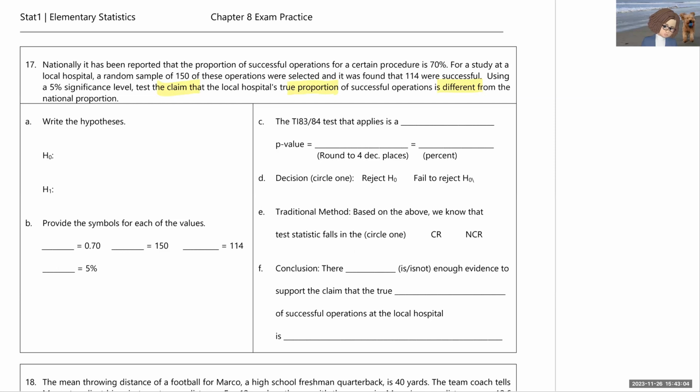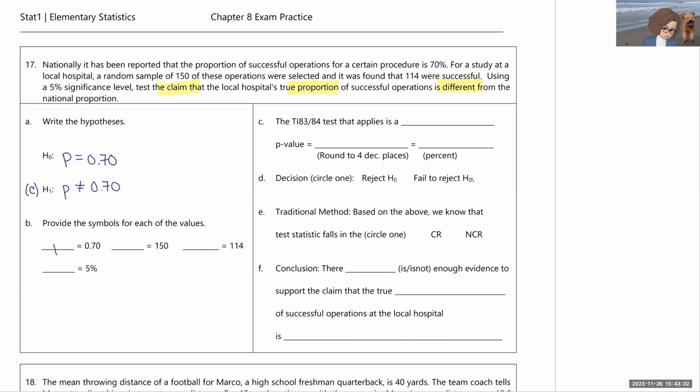All right, so we always start with looking for the claim being tested. So we've got our claim. So the proportion p different would be not equal to, nationally was 70%, so 0.70. And our null hypothesis gets equality.